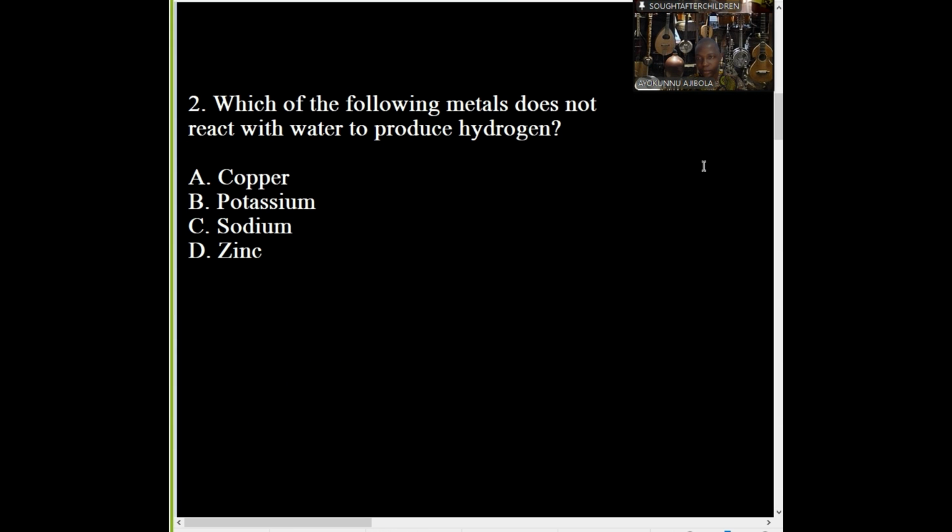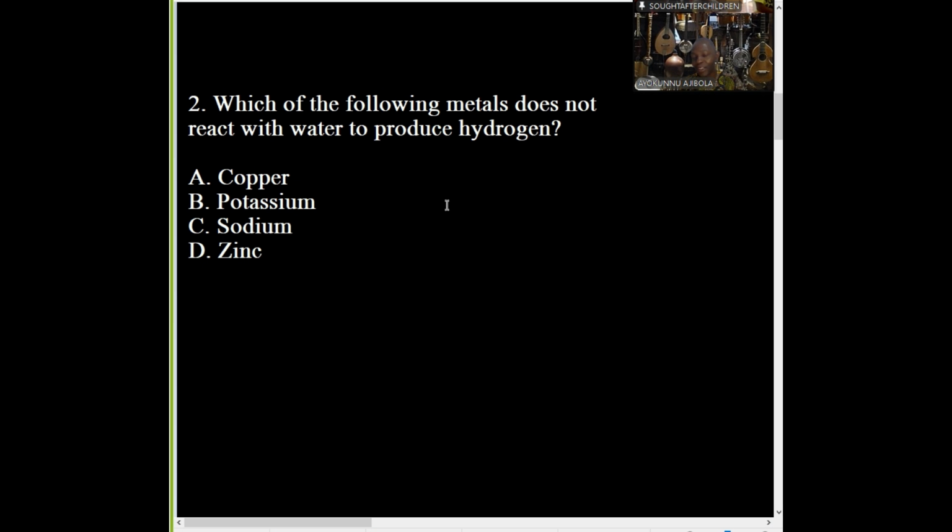Which of the following metals does not react with water to produce hydrogen? Copper. Copper, how and why? It does not react with water to produce hydrogen. Why? That means it does not dissolve in water.